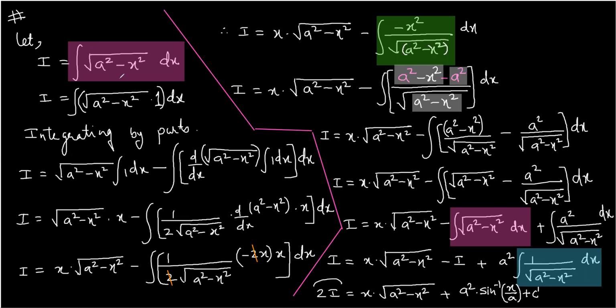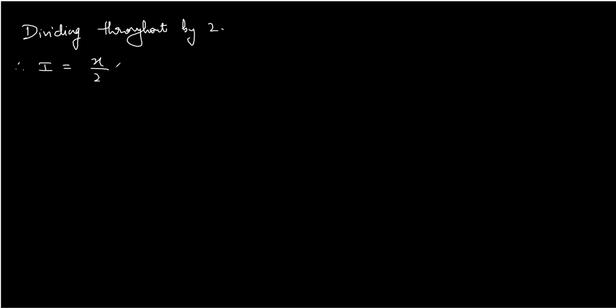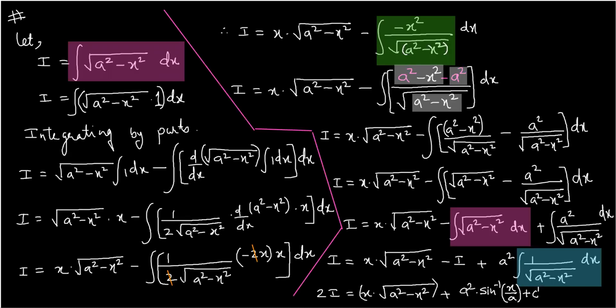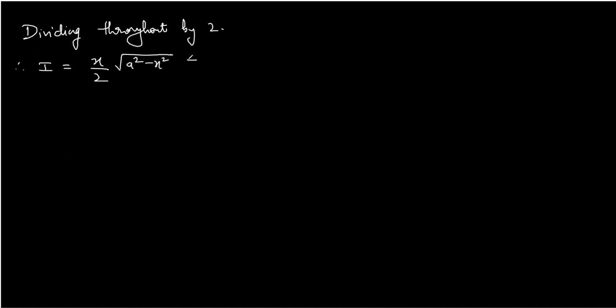I will get x upon 2 multiplied to square root of a square minus x square, and then I have plus a square by 2 sine inverse of x over a plus c dash by 2.